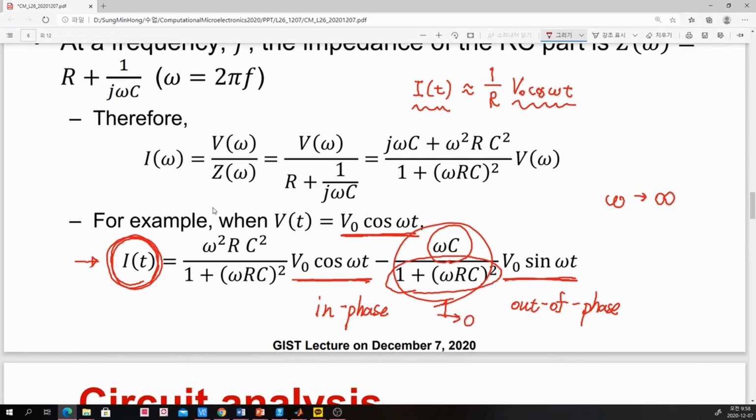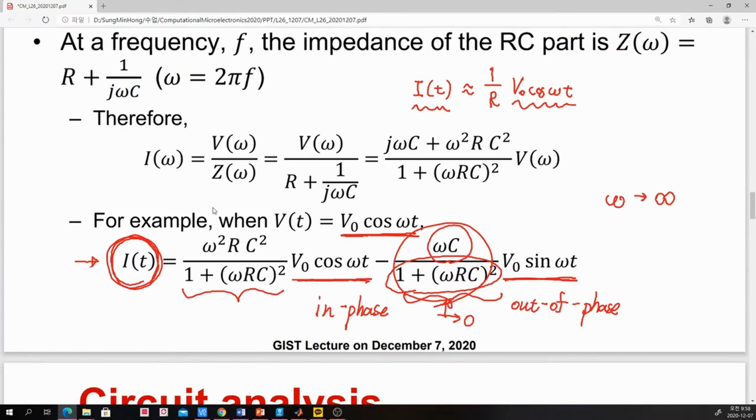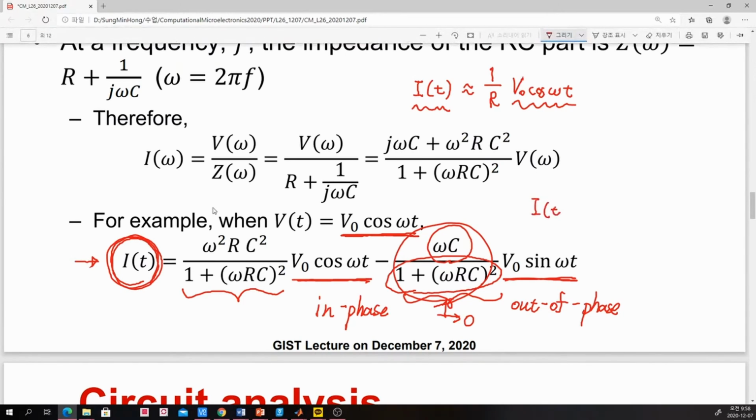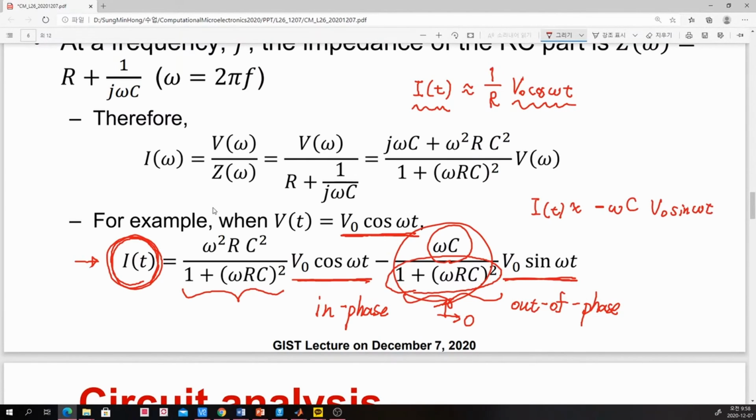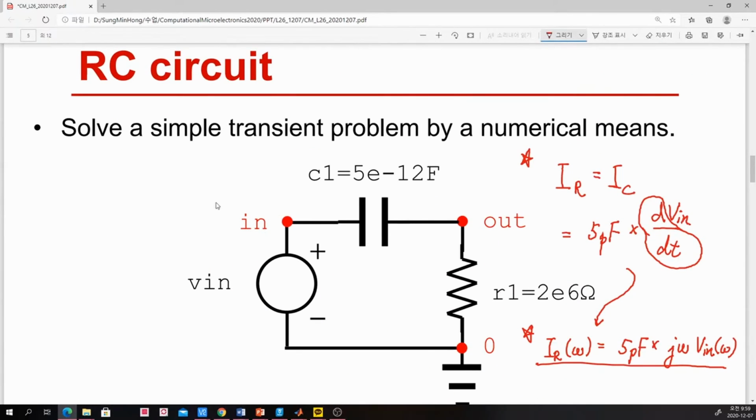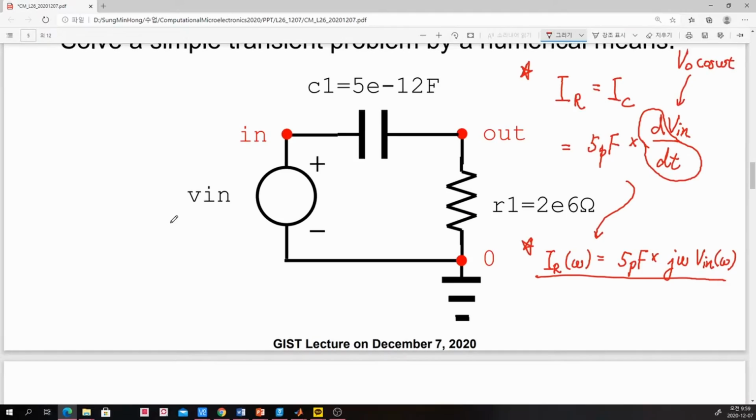However, compared with the first term, this one has a much larger value, so it is reasonable to approximate I of t as just minus omega c v naught sine omega t. This is simply obtained by inserting v naught cosine omega t, and then you get such an expression.